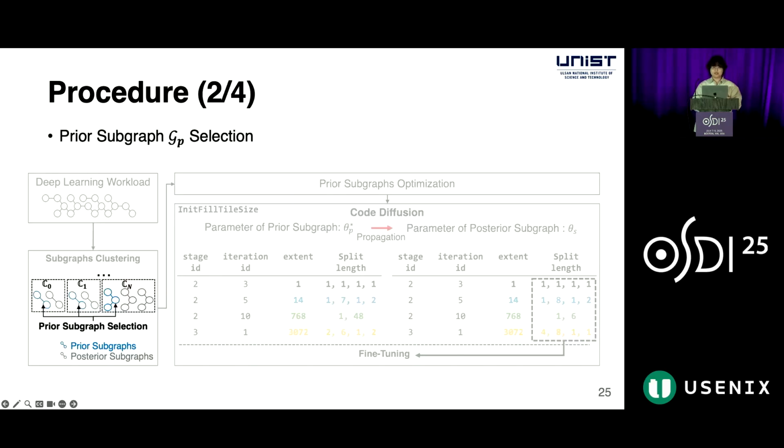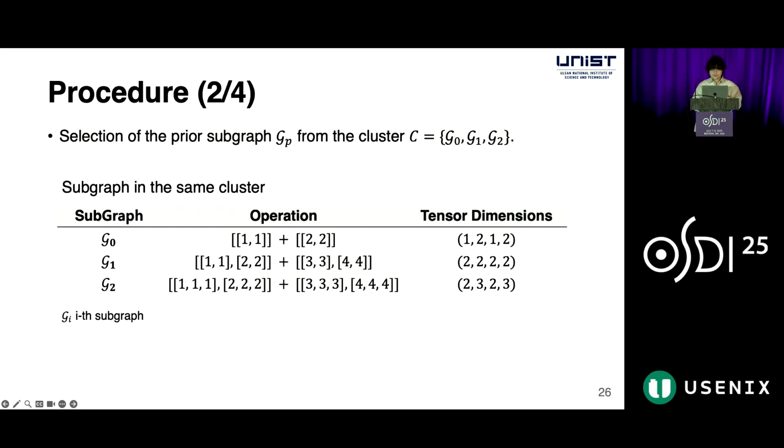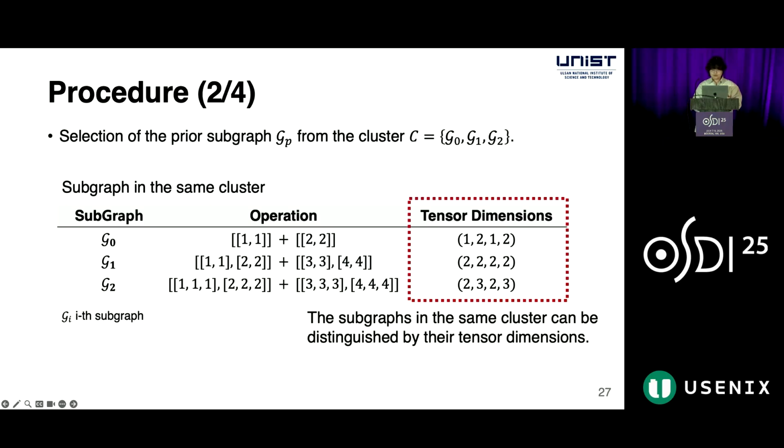The second step is subgraph selection. This is an example of subgraphs in the same cluster. They are structurally similar, and the table shows their operations and tensor dimensions. Even within the same cluster, subgraphs can differ in their tensor dimensions.